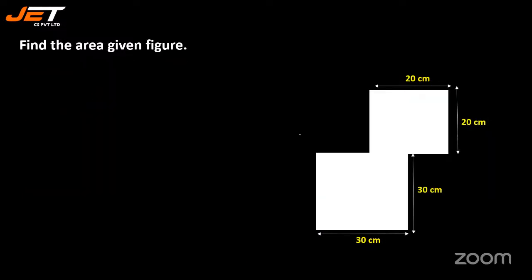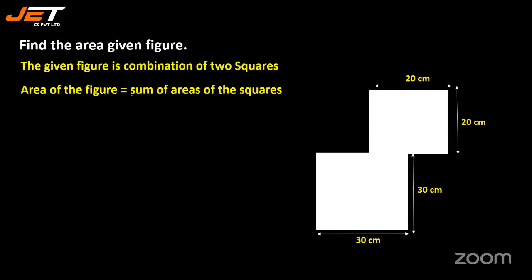The next is different. Before this, if there were 2 squares or 3 squares in the entire picture, you were able to see that they were of the same sides, right? But here it's different. We have 2 squares, but the first square has a side of 20 centimeters and the second one has a side of 30 centimeters. So here we find the area of the first square. The area of the first square is 20 times 20, which is equal to 400 centimeters square.